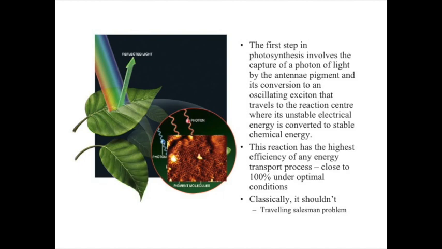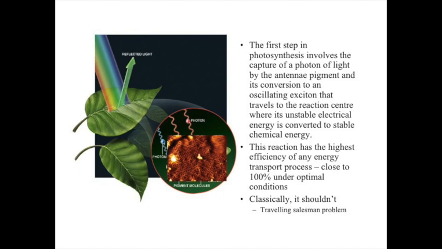So this is the first step illustrated here. A photon of light is captured by a pigment molecule in a reaction center in a plant or a microbe. The first step involves the capture of a photon of light by the antennae pigment and its conversion to an oscillating exciton. So an exciton is just an electron that has leapt out of its orbital and then can fall back in, so it vibrates. And this is called an exciton.